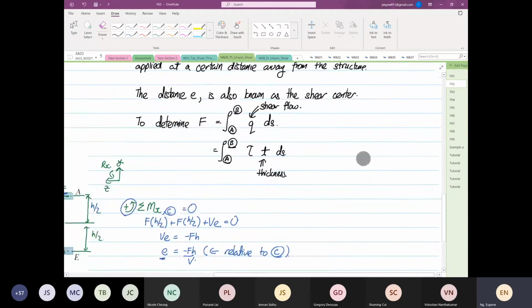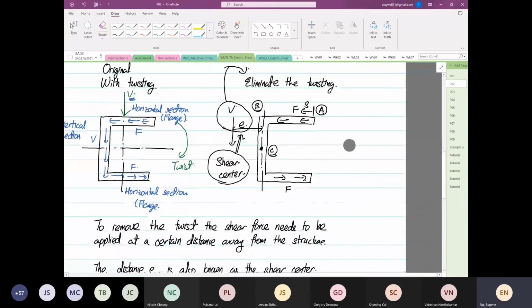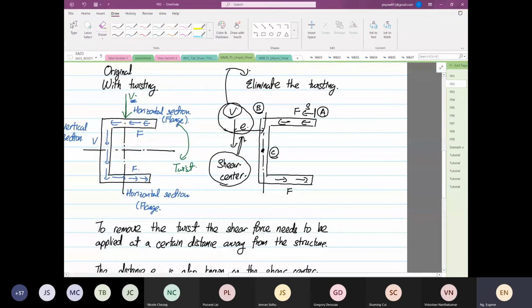So the shear center here will offset the V. Offset V means the shear force. Without the offset, we get a twist here.